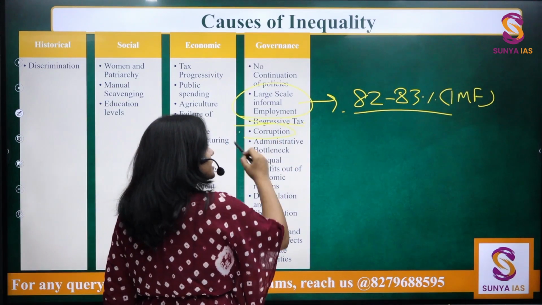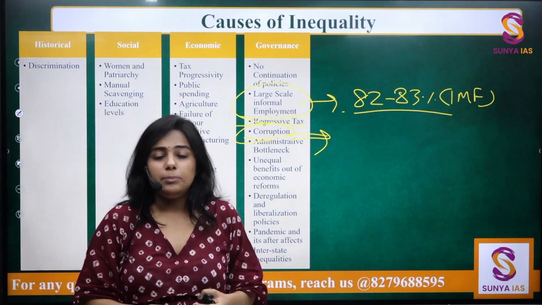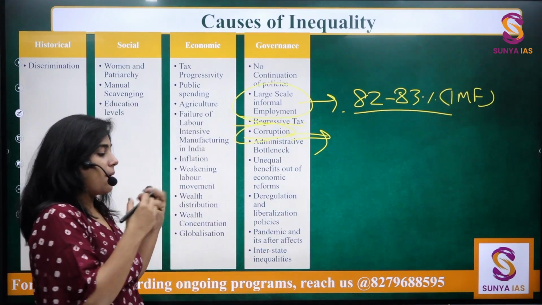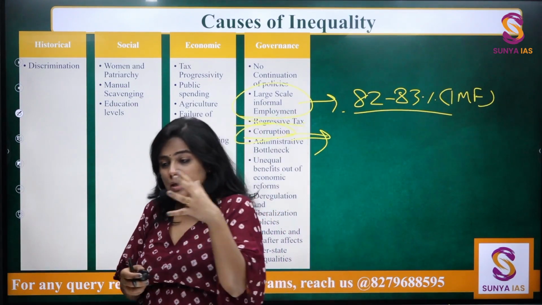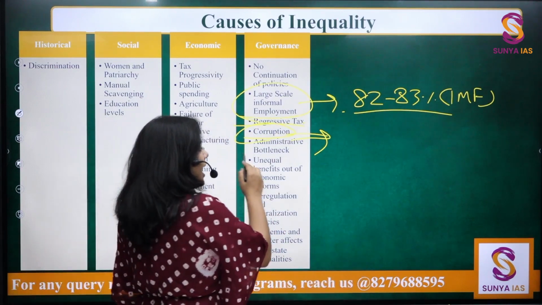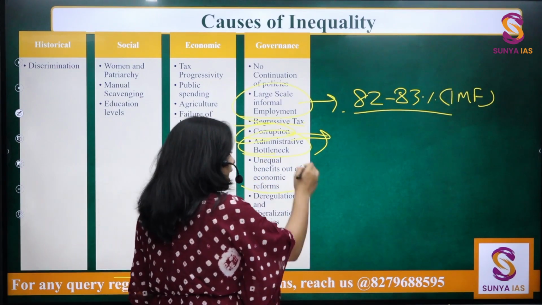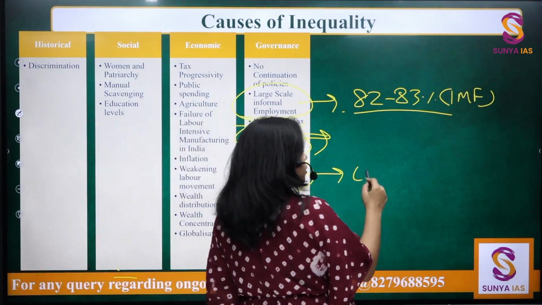Regressive tax, then there is corruption. Corruption costs dearly to the people because the amount that was supposed to go for their benefit is actually taken by the ministers, etc. Administrative bottleneck, then there is unequal benefits out of economic reforms. So what economic reforms?